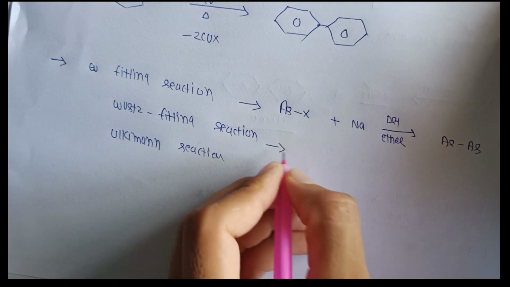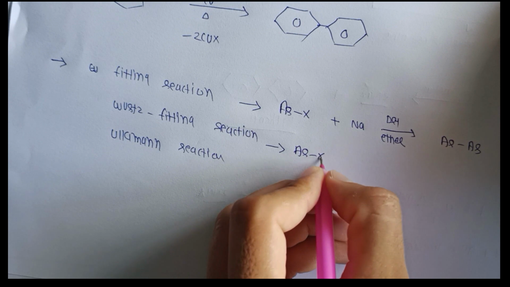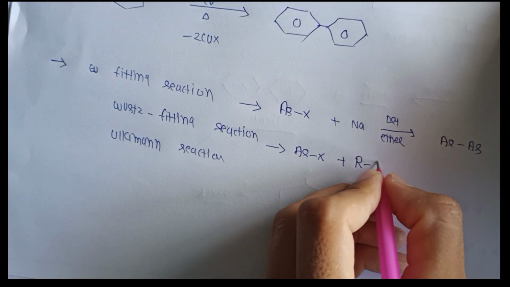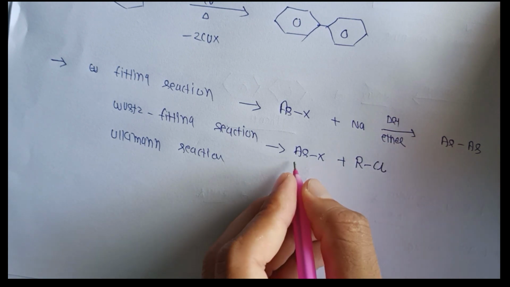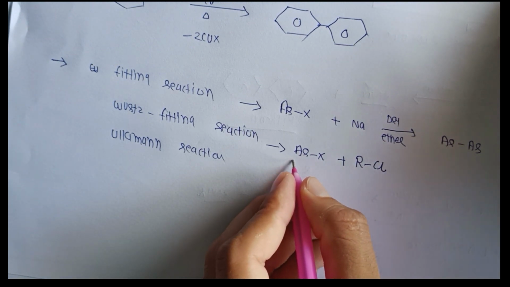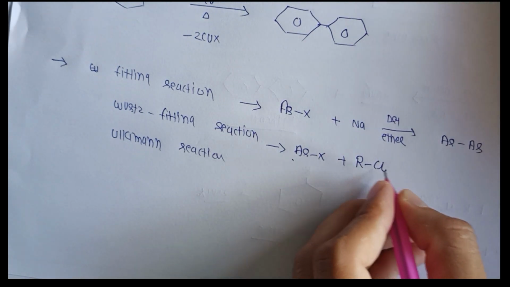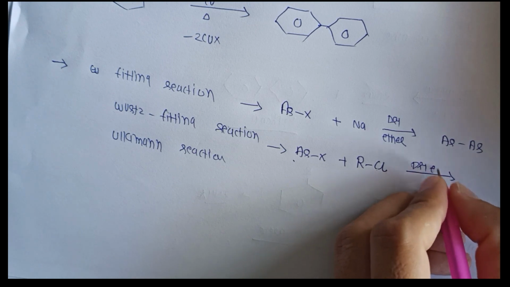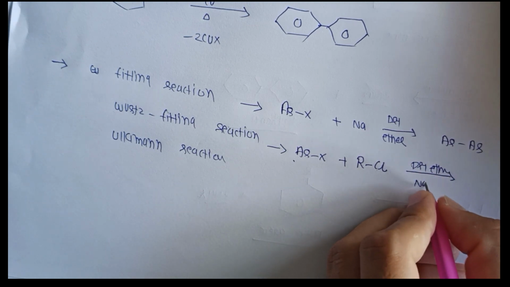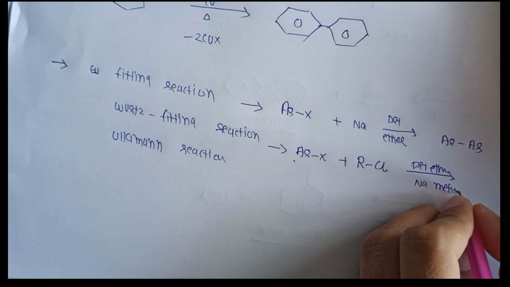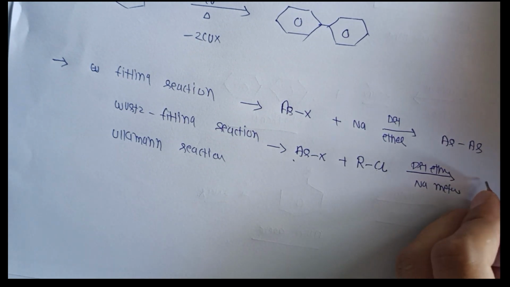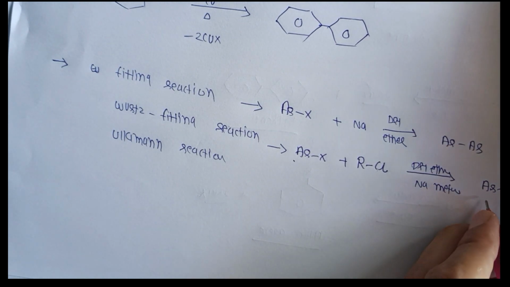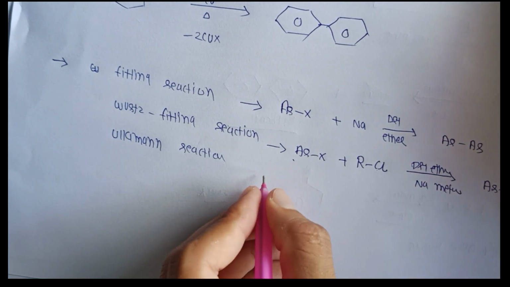In the Wurtz-Fittig reaction, an aryl halide compound reacts with RCl, meaning this is the aryl halide and this is the alkyl halide, with dry ether and Na metal to produce Ar-R, meaning an alkyl arene.